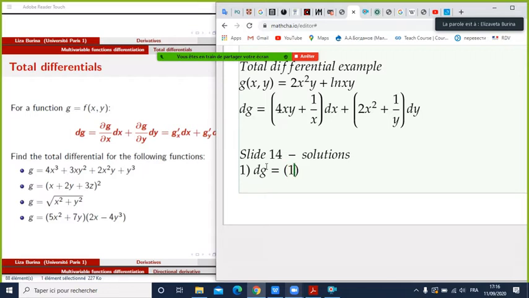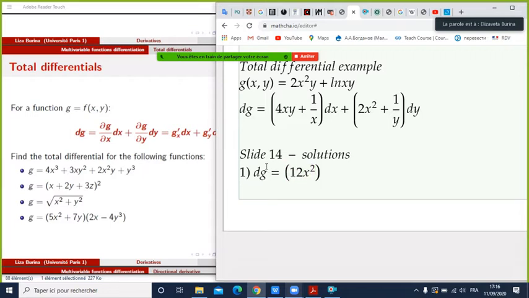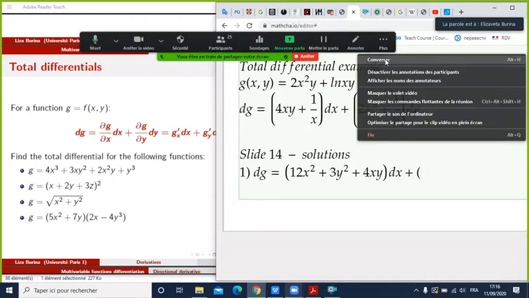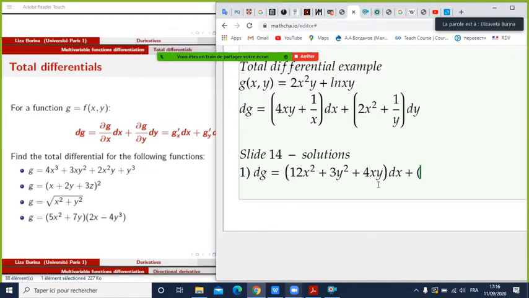So it's (12x squared plus 3y squared plus 2x plus 4xy) dx, plus, now taking it with respect to y, (6xy plus 2x squared plus 3y) dy.